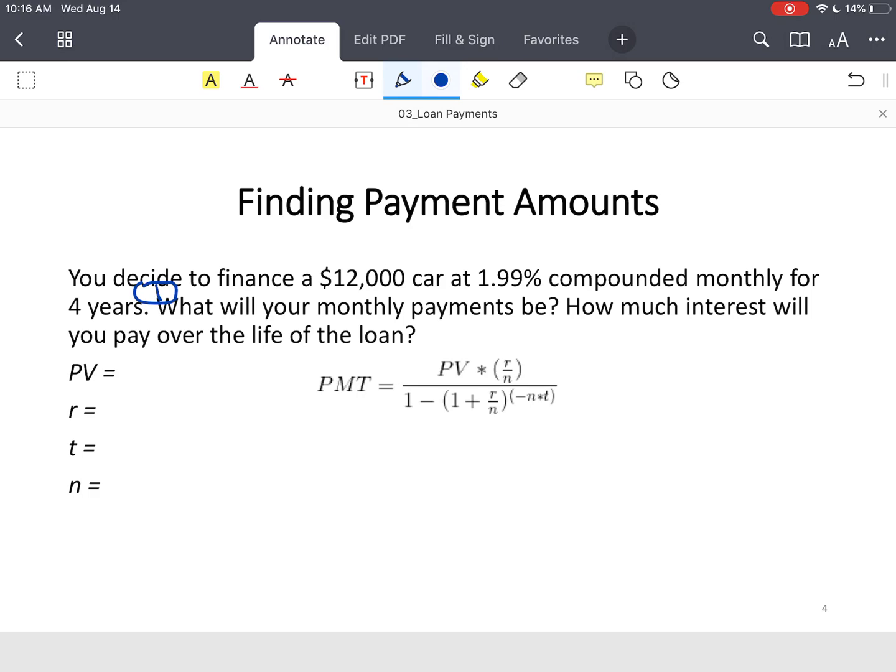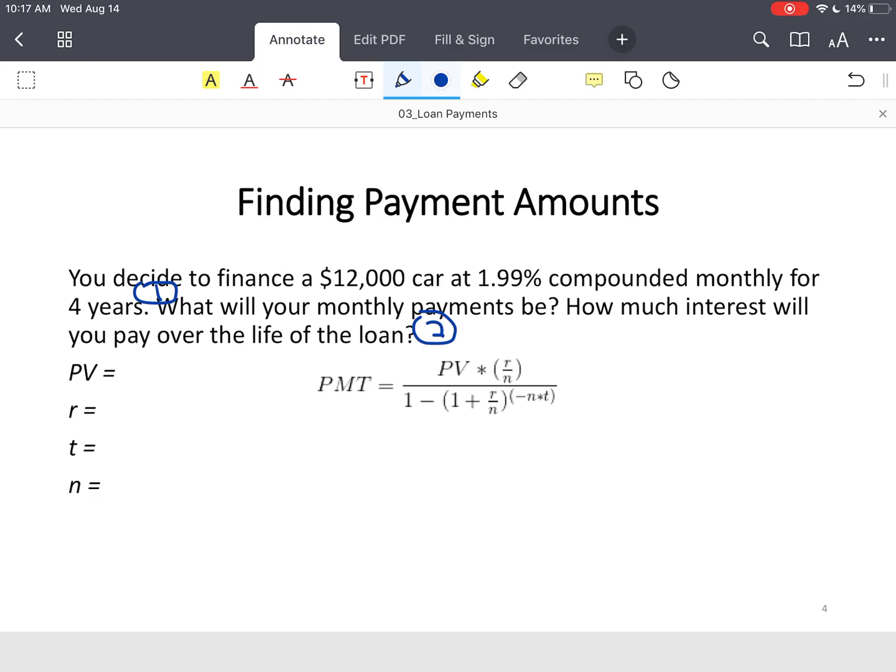That's what dealerships want you to ask, because they want you on payments for as long as possible, because of the second question. The monthly payment helps you in terms of your budget, but the second question benefits the lender, which is how much interest you will pay over the life of the loan. So we're going to answer two distinct questions.